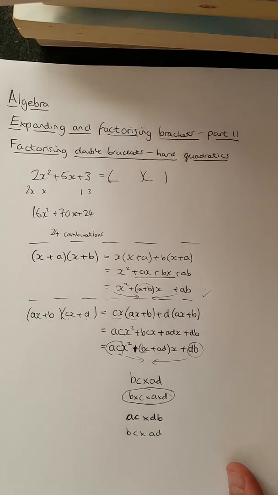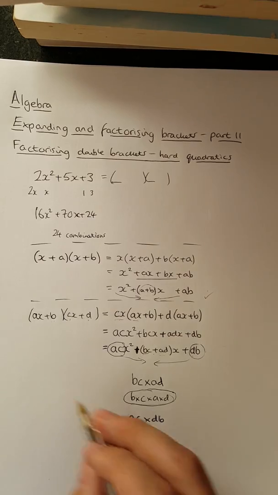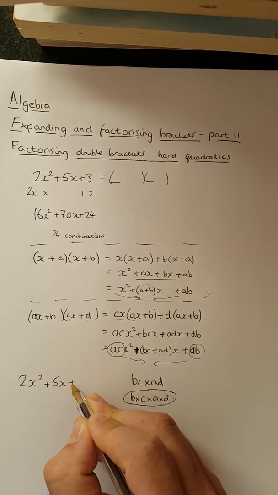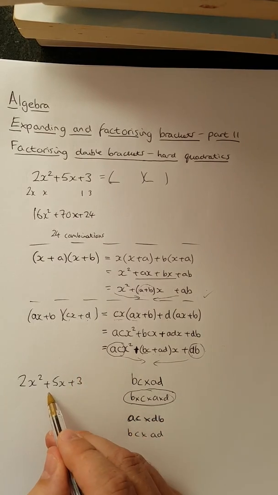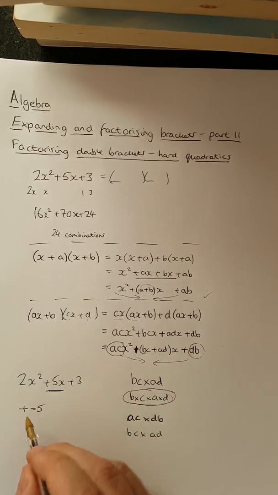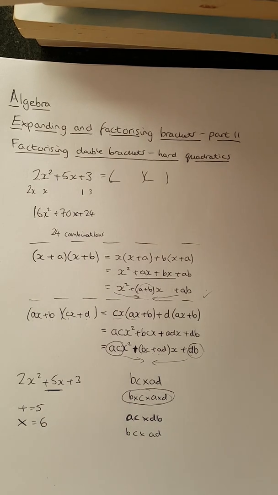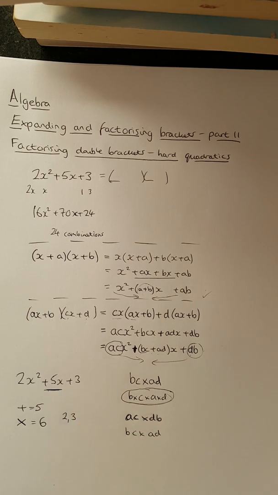So, when we have a quadratic like this, we're looking for a pair of numbers that add to make 5 and a pair of numbers that multiply to make 6. What are those pairs of numbers? Well, you've probably spotted it's 2 and 3.